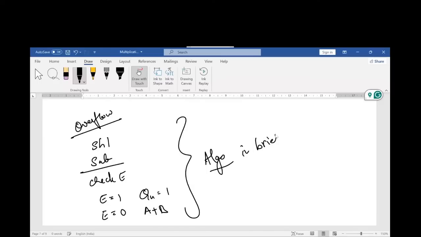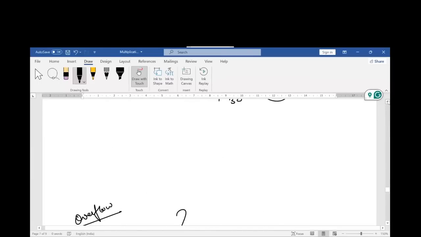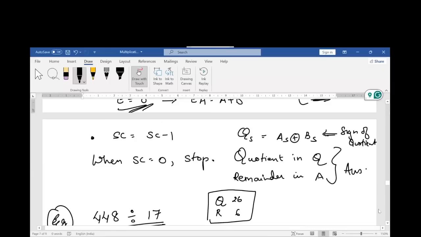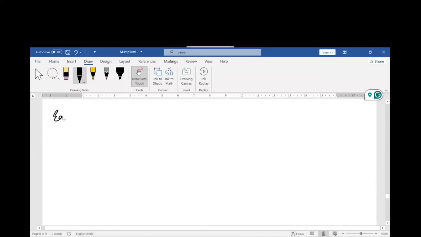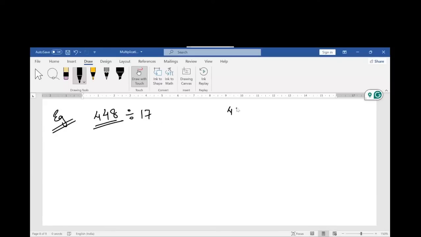Okay, now we'll see it with an example and you'll get to understand it clearly. Let us take this example: 448 divided by 17. Let us quickly complete this. First of all, let us convert 448 to its equivalent binary.